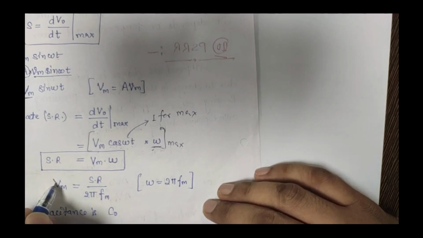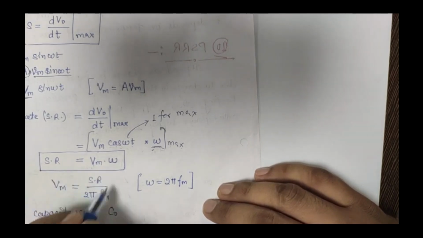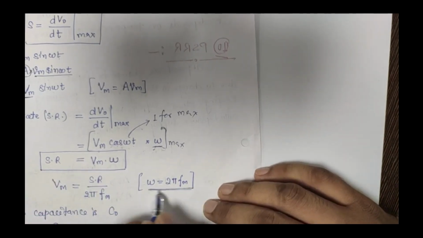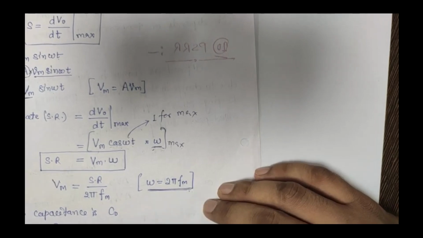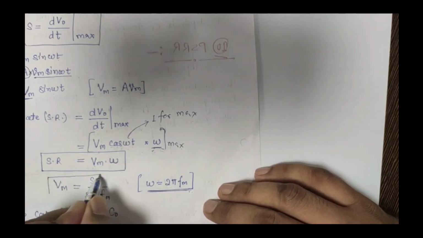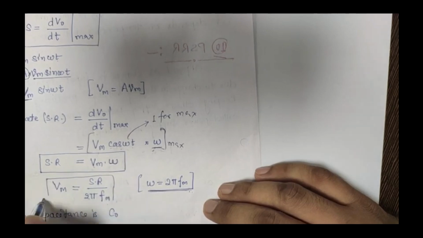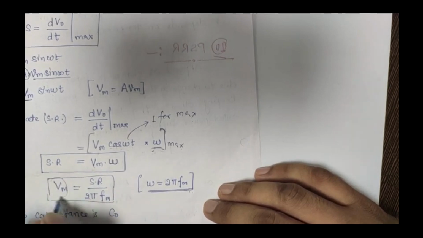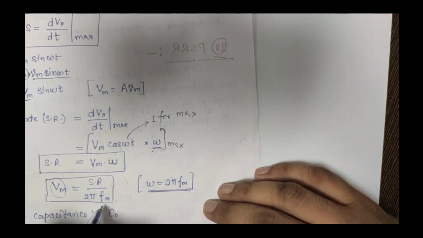So Vm will be equal to slew rate upon omega, and omega equals 2 pi Fm. If the maximum frequency that can be observed at the output is Fm, then slew rate upon 2 pi Fm is the maximum voltage that we can observe at the output of an op amp. The maximum voltage is Vm, and the maximum frequency is Fm, which can be observed in the output of the op amp.